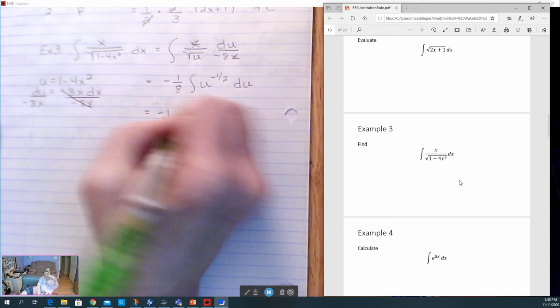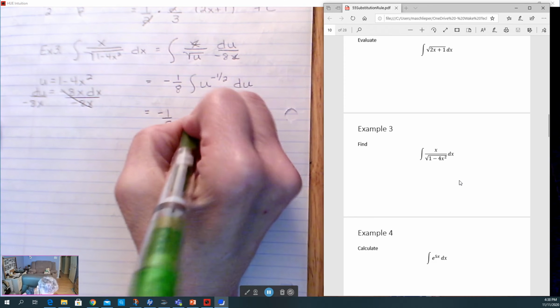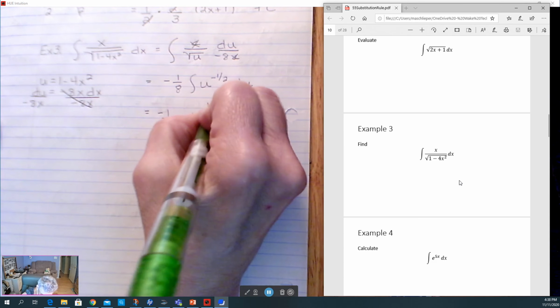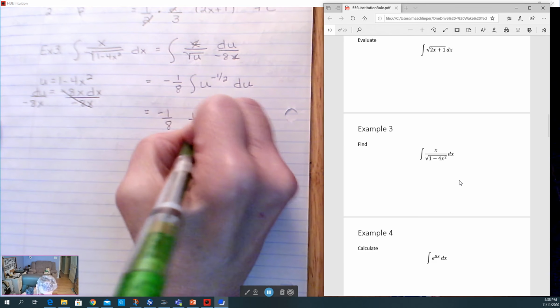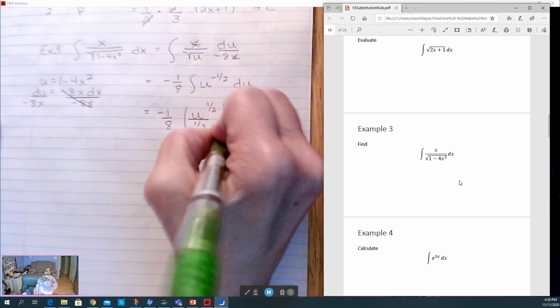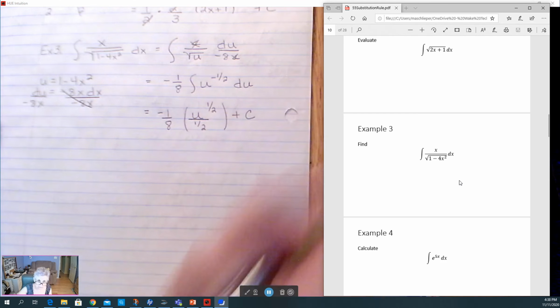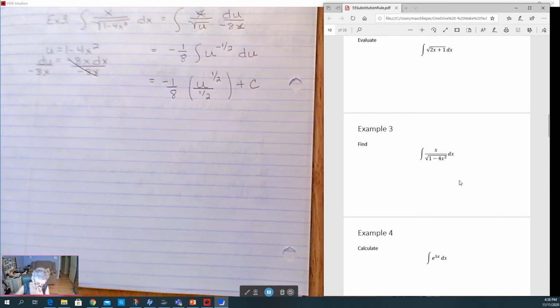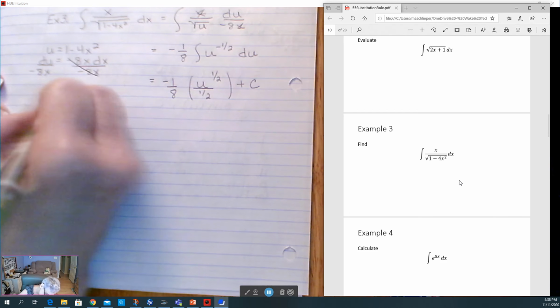Negative 1/8, add 1 to the exponent, divide by the new exponent, add my constant. I can flip that upside down, and I replace u with 2x plus 1.